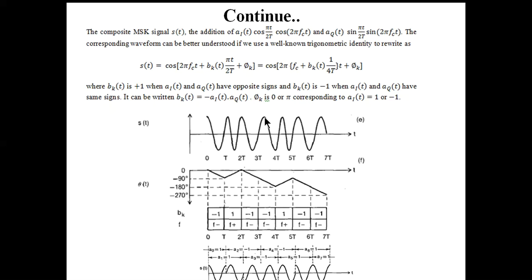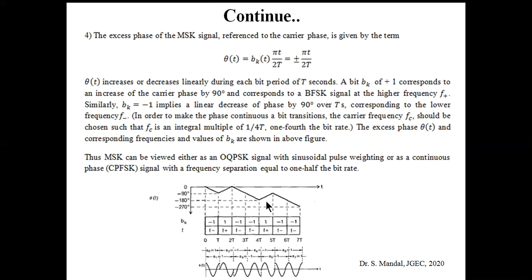Here again in this case f minus, but here from 4T to 5T, this is 1. That means here is the higher frequency, here is the lower frequency. So a simple rule: when bk is minus 1, lower frequency, and when bk is plus 1, higher frequency. This rule should be followed or kept in mind for better understanding.